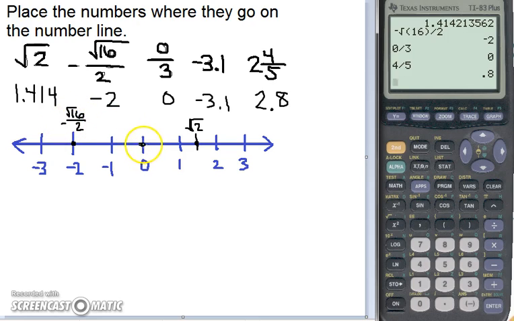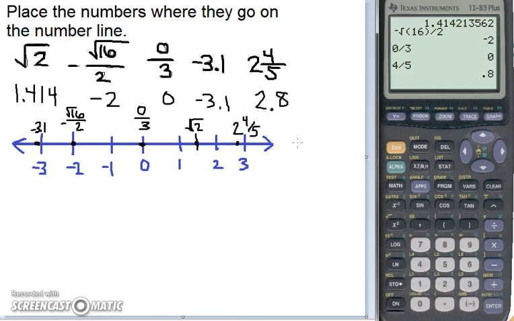Zero. Right here for 0 divided by 3. Negative 3.1 would be just past the negative 3. And 2 4/5 is 2.8, so up closer to 3 here. All right, so there we go.